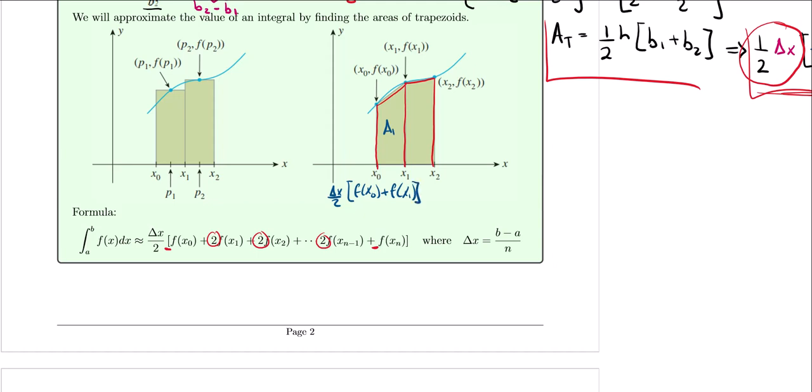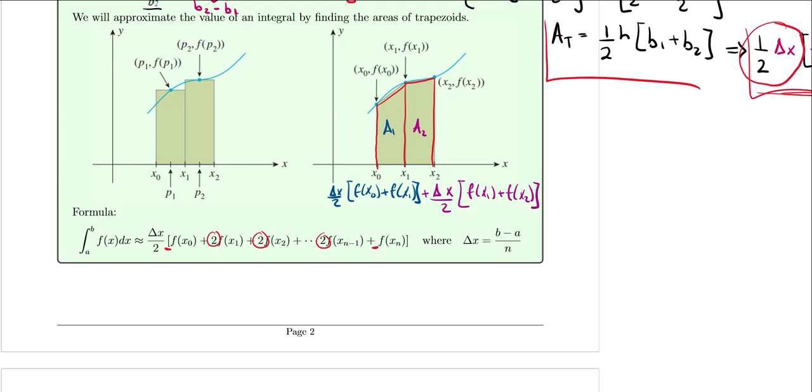Now, if we add it to the area for our second trapezoid, A2, well then we're going to have plus delta x over 2 times f of x1 plus f of x2.